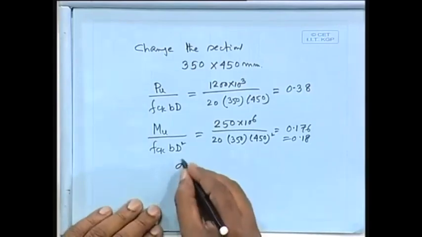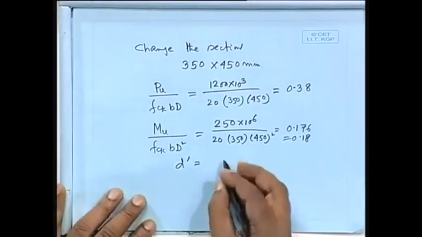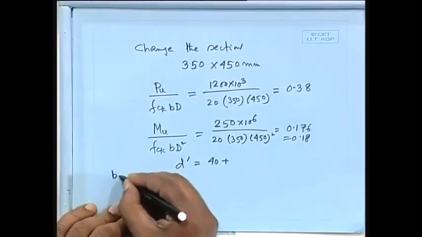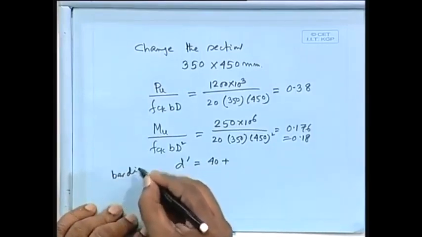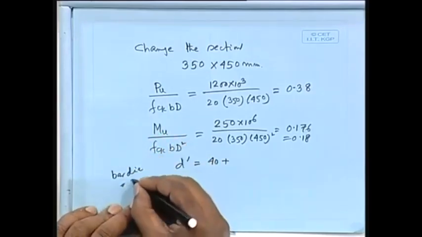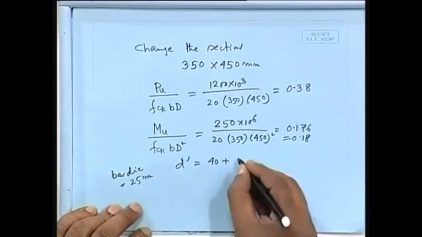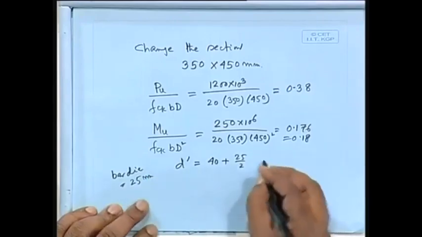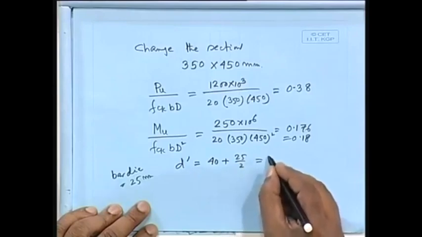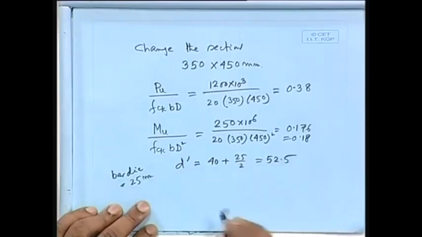What about d dash? d dash equal to say 40 millimeter. Let us take the bar diameter, because we have seen that 20 millimeter is not a good choice. Let us take 25 millimeter. So 25 by 2, we are getting here 52.5.